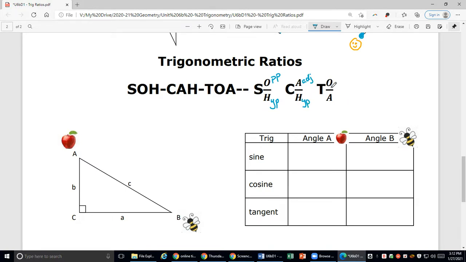And then TOA is a reminder that the tangent is the ratio of the opposite side and the adjacent side. So you can see why it's important that you can distinguish the hypotenuse, the opposite, and the adjacent sides so that we can do these ratios.